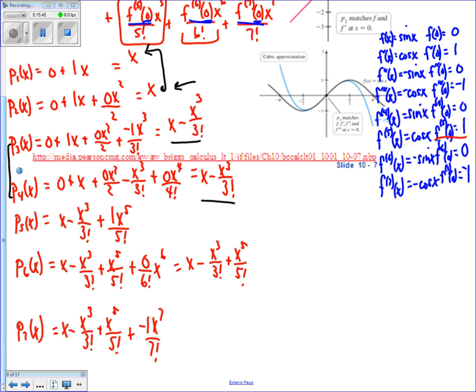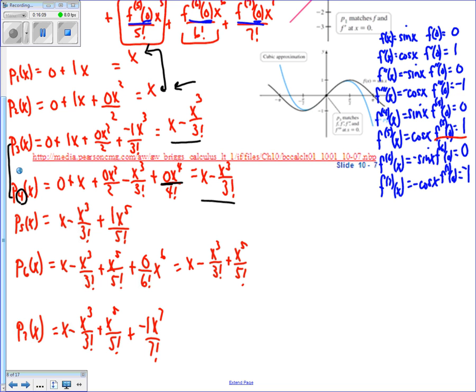You need to understand which polynomial you're actually getting to know which order derivative you actually included. The fourth order polynomial includes that fourth order derivative here, whereas the third one didn't. So just be real careful. When they tell you the order of the polynomial, that's not the same as the degree of the polynomial.